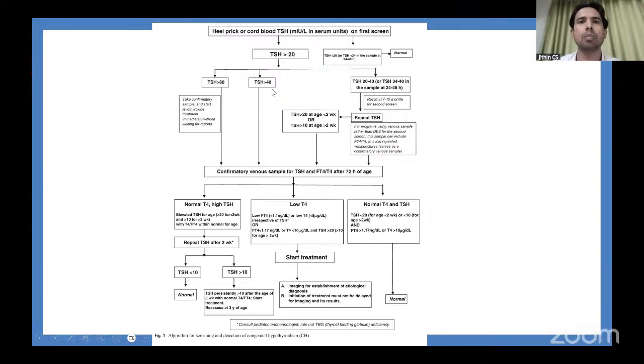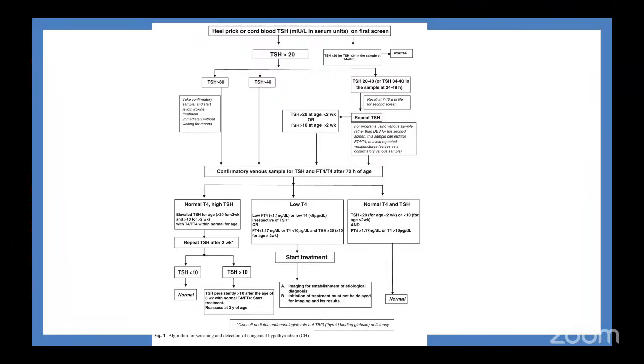But for a TSH more than 40, we have to take a confirmatory venous sample after 72 hours of age, and depending on that result, we will decide whether we need to initiate treatment or not. But in cases of TSH between 20 to 40, it could be due to a delayed TSH surge, and in such a case, we usually repeat the TSH after the first week.